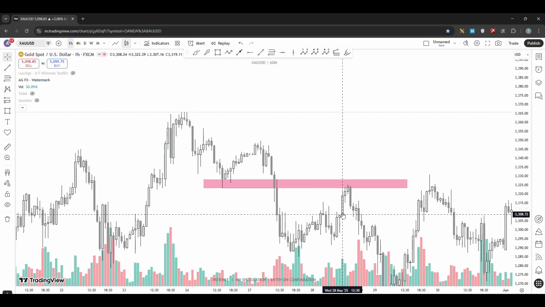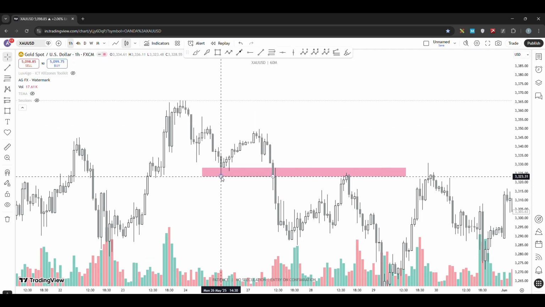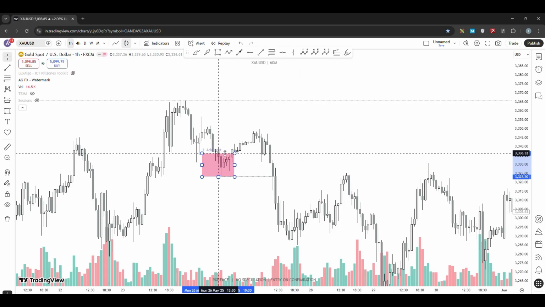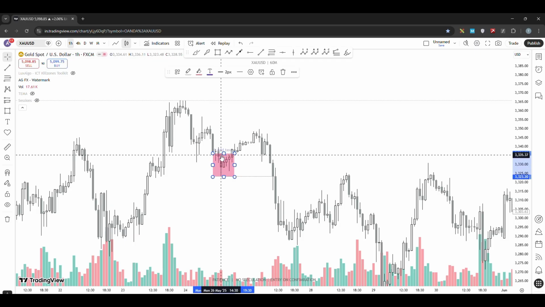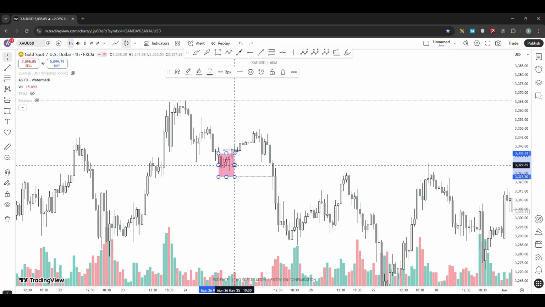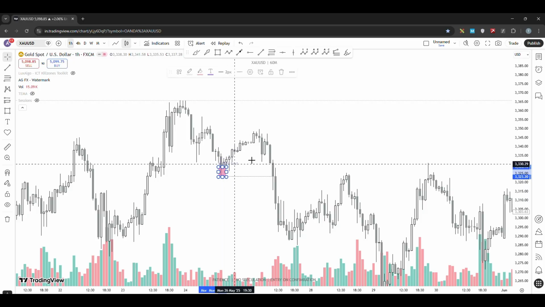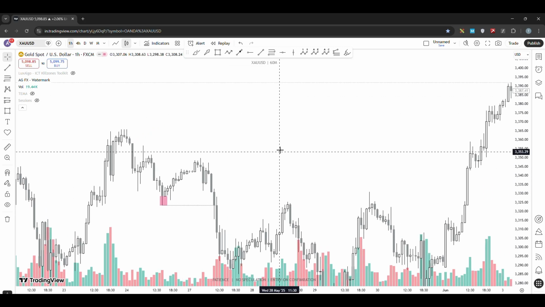And after that, the market came up and tapped into this mitigation block, which was this candle. Now you can see that I have refined this whole last selling candle to just the wick on the downside. You can also do that. This is called refinement.